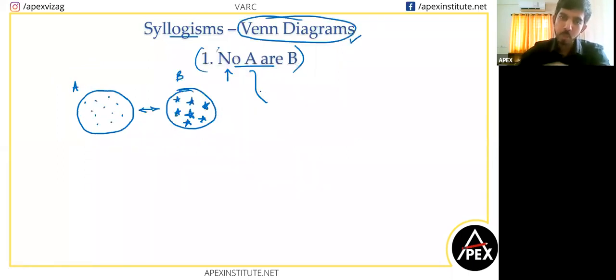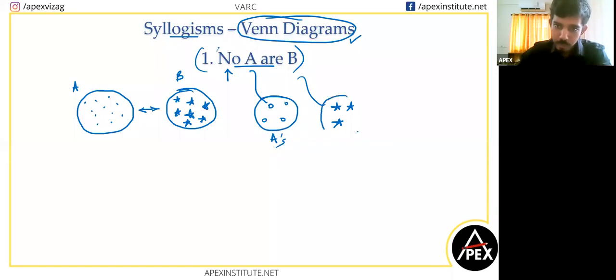Okay. So just going back to the previous slide, we're looking at no A is B. So just think about two shapes, right? One shape can be a circle and one shape can be a star, as we've drawn. And no circle can be a star, obviously, because the shapes are different. So if we put all circles in one group and call them A's, and all the stars in one group and call them B's, can we say that these two circles will never overlap?